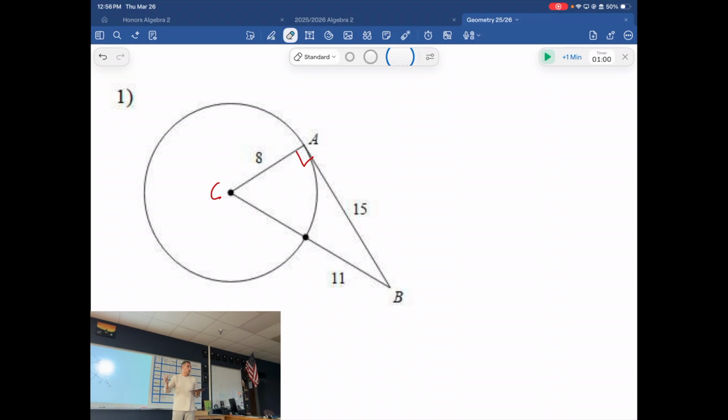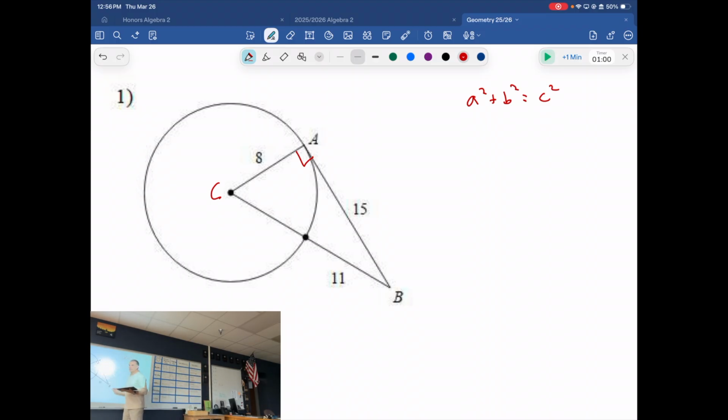Okay? So if I can show that a squared plus b squared does in fact equal c squared, then I know that's a right angle. If that's not true, it's not a right angle. If it's not a right angle, then AB isn't a tangent. If it is a right angle, then it is a tangent.